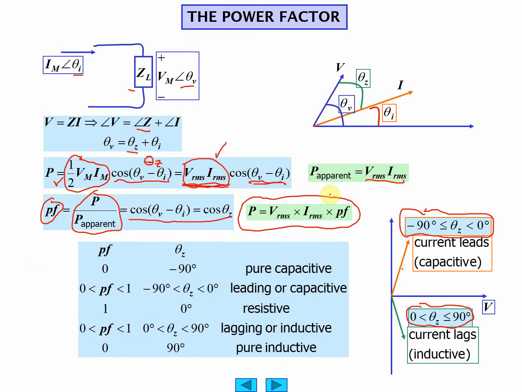And then here's a bunch of stuff. What's lagging and leading, pure inductive. Of course, power is going to be 0 if it's pure inductive, 0 if it's pure capacitive. Power factor is going to be 1 if it's pure resistive, and then it's going to be between 0 and 1 in other cases.